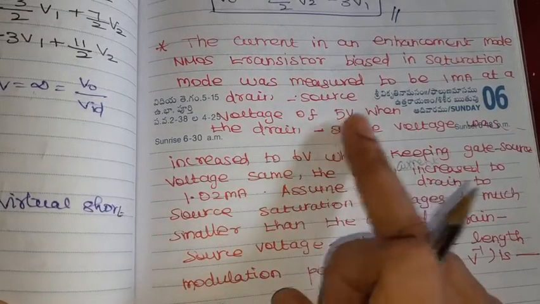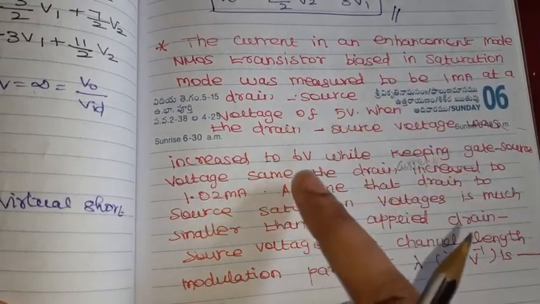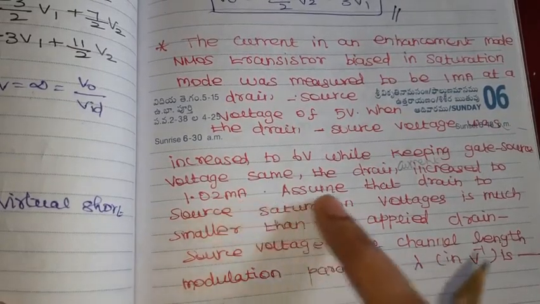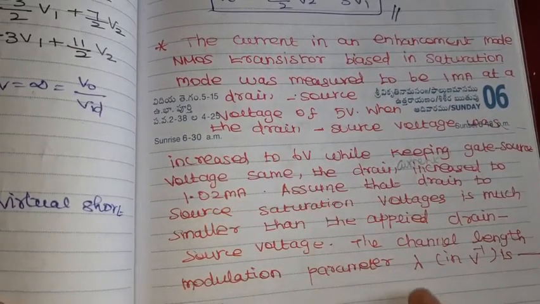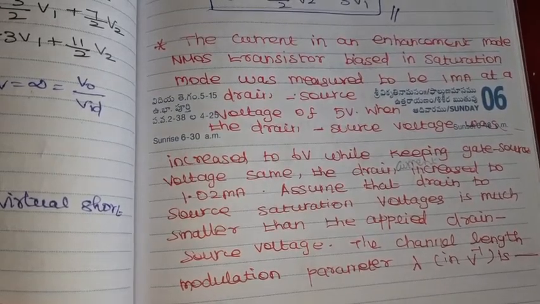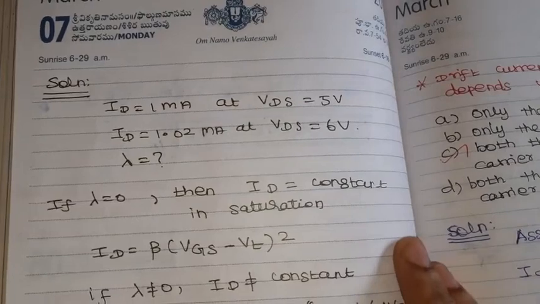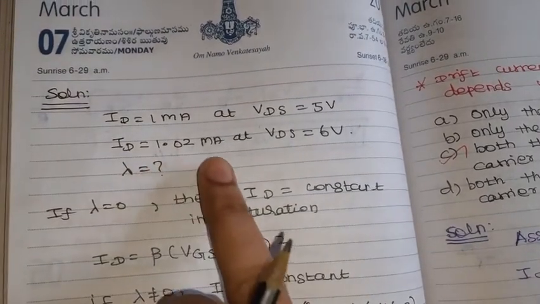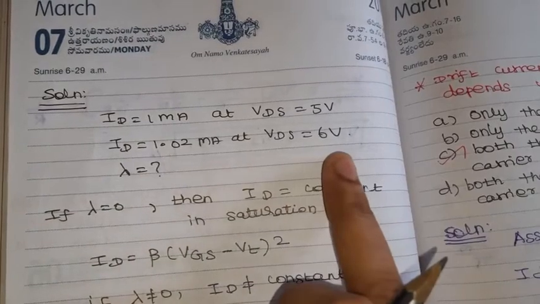When VDS is 5 volt, current is 1 milliamp. VDS is increased to 6 volt, current becomes 1.02 milliamperes. We need to find out the channel length modulation parameter. We'll see how to solve this. So ID is equal to 1 milliampere at VDS equal to 5 volt. ID is equal to 1.02 milliamperes at VDS equal to 6 volt.